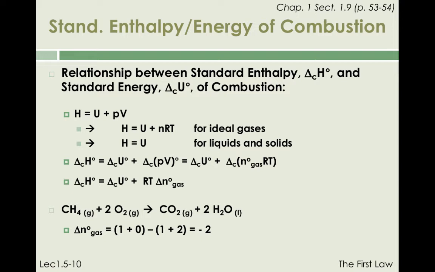The change in the number of moles of gas, delta n gas standard, for this reaction is 1 for the product, CO2, minus 3 for the reactants, 1 for methane, 2 for oxygen. The result is minus 2. So we conclude delta C H standard equals delta C U standard minus 2 times RT.